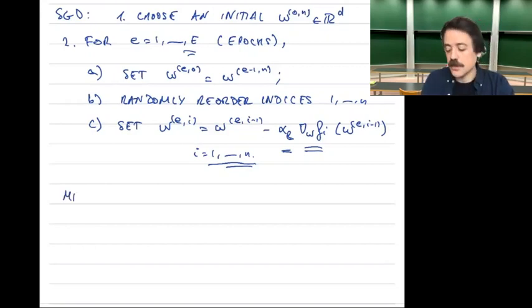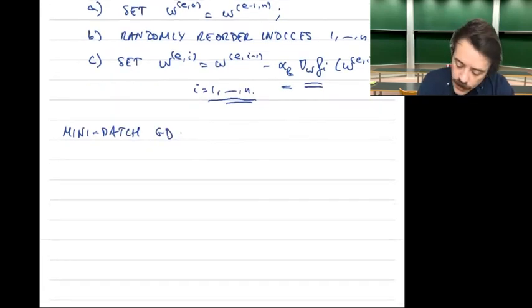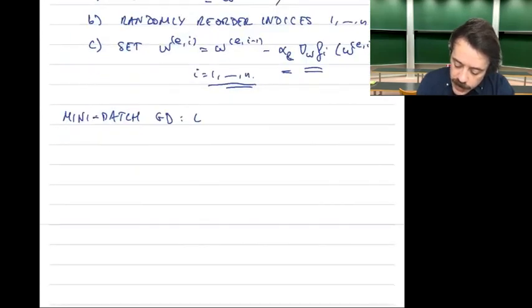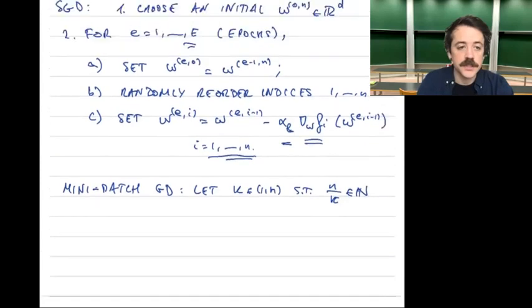You can read the remarks in the notes, but for terminology, we also have an intermediate training algorithm between gradient descent and stochastic gradient descent, which is called minibatch gradient descent. Let capital K be between 1 and n, not including either of them, such that n over K is in the natural numbers.